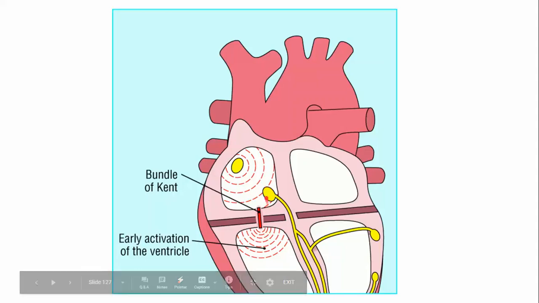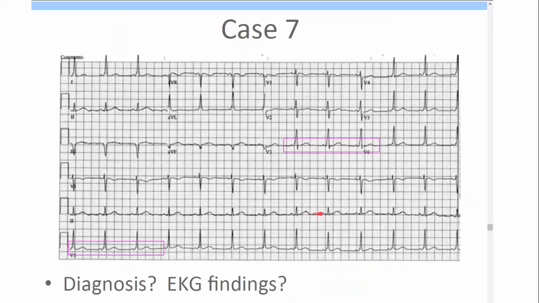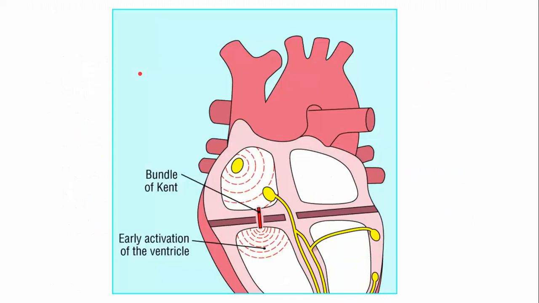But every once in a while, you can have this bypass track, and we sometimes call this the bundle of Kent. It's a bypass track, and it allows the signal to bypass that pause that occurs in the AV node. And then you have this early activation of the ventricle, and what that does is that contributes to this slurring, that early slurring that we see in the QRS.